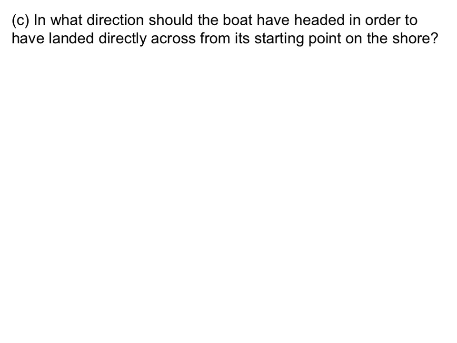All right, part C of the question asks, in what direction should the boat head so that it lands at that point directly across, 100 meters away? Let me redraw my sketch real quickly. We found earlier that if the boat goes this way, the river carries it down, and so it ends up going at this angle below.